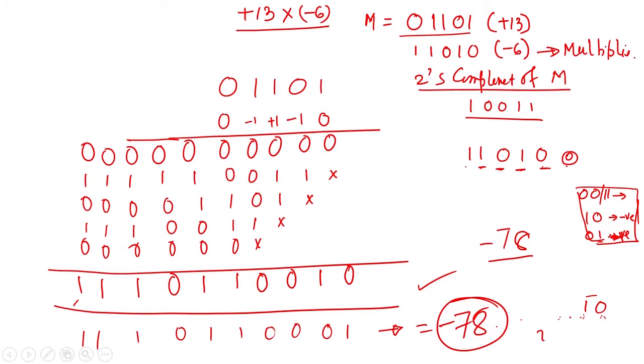Now this is one example. Here we got the results, no doubt, but the problem is how many partial products there are. This is partial product 1, partial product 2, partial product 3, partial product 4, partial product 5. The number of partial products will be the same as the number of bits in the multiplier.